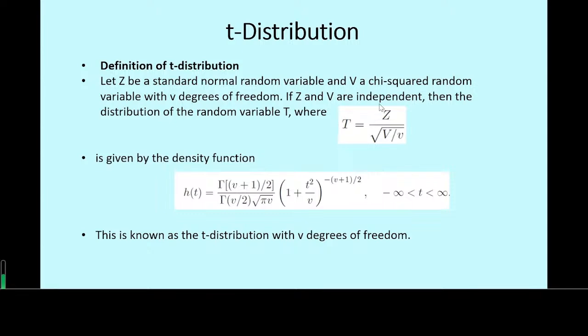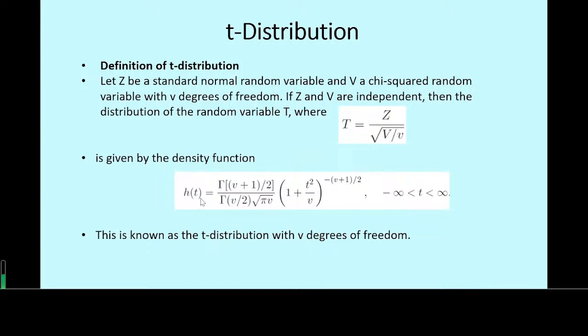If this variable is a division of two parts, where the numerator is a standard normal variable and the denominator is the square root of a chi-square distributed random variable divided by its degrees of freedom, then we can say t is a t-distributed random variable with degrees of freedom nu. And this degrees of freedom is the same as the degrees of freedom of the chi-square distribution in the denominator.